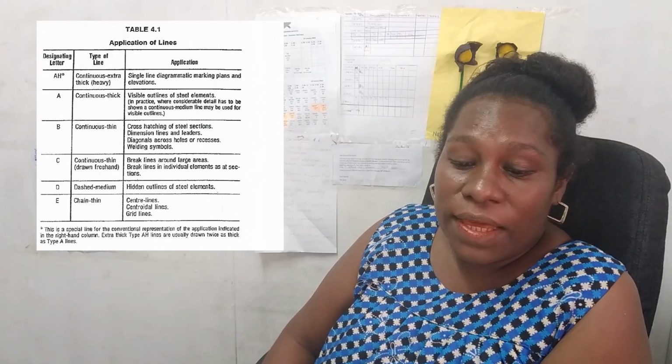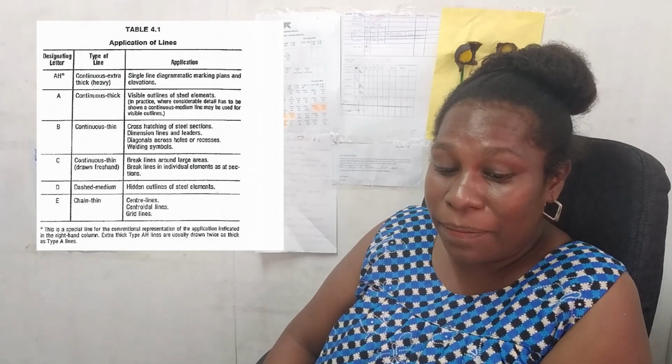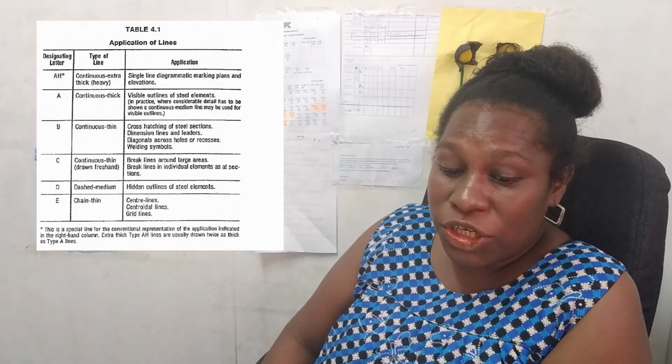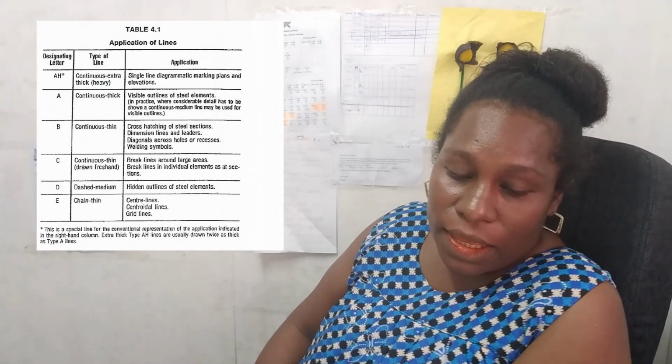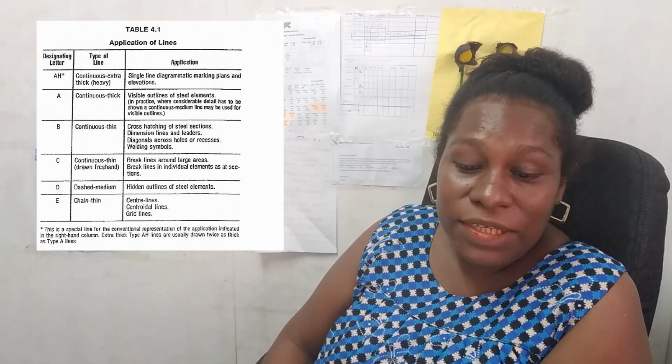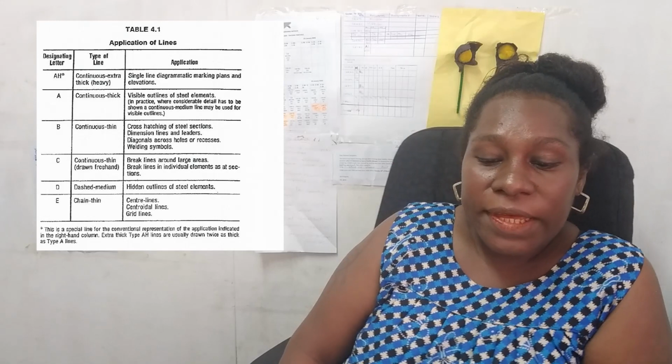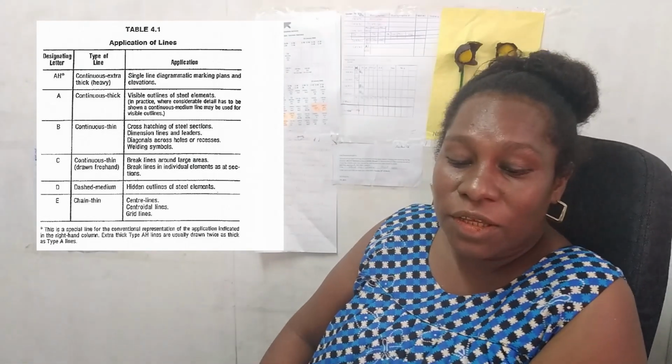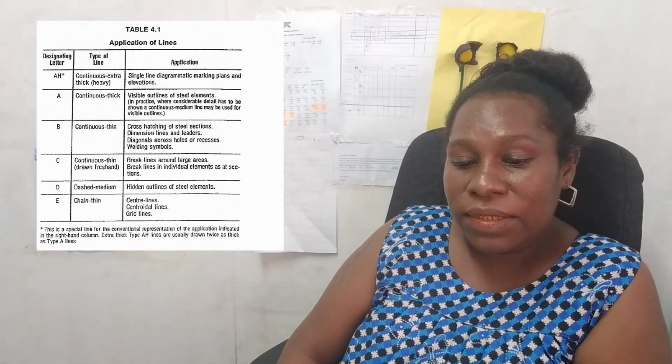And D, we have hidden outlines of your steel elements, which is dashed medium. Your designated letter for E is chain thin, which you can use for central lines, centroidal lines, and grid lines.